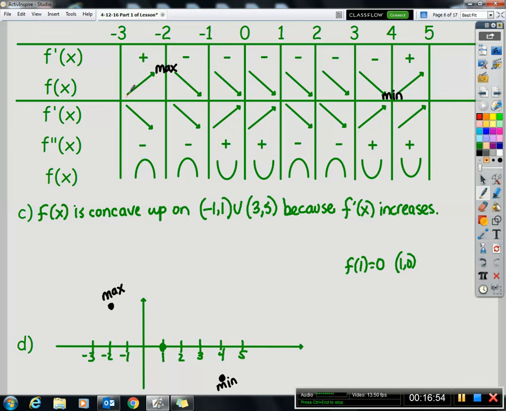I know that it increases and is concave down from -3 to -2. So I'm going to put -3's y-coordinate right there, and it doesn't really matter how you do it. But to -2, and that's my max, I need my graph to increase and be concave down in shape. So it would look like this.